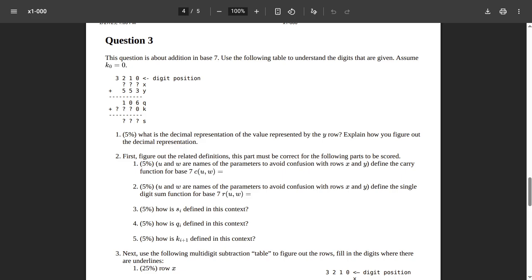Parts 2.1, 2.2, 2.3, 2.4, and 2.5 are really just regurgitation from the notes, from the reading material. As long as it is equivalent to the way that I defined those particular related equations, it's okay.